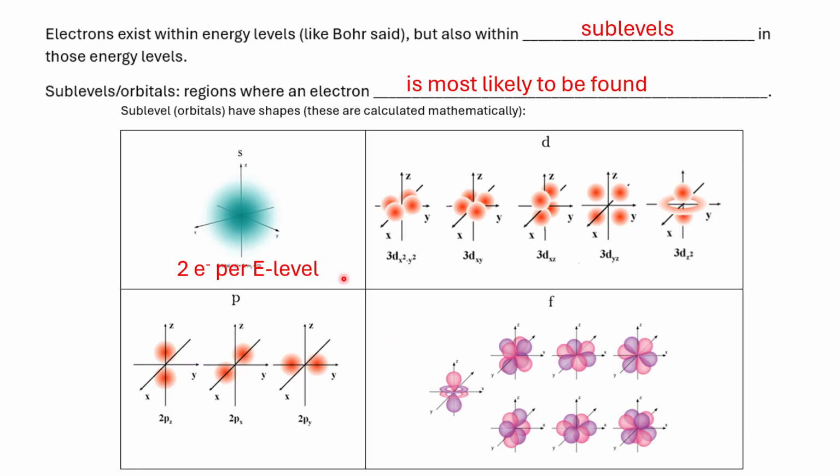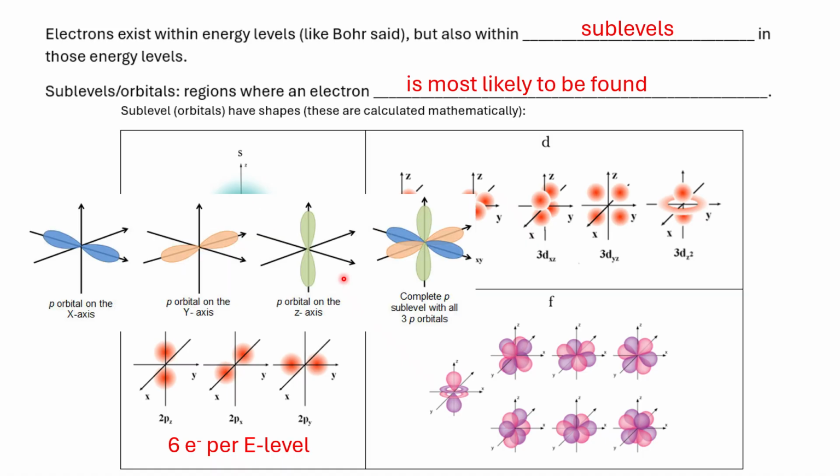Now the p orbital has actually 3 orbitals per energy level, and you can see them there. We have one going vertically, one coming out at you, and one along the horizontal axis. So that would mean each of those holding 2 electrons would give you 6 total, right? Now it's a little hard to picture this, but I found another picture. This is showing the 3p orbitals a little bit elongated, but it's still the same thing. And this final picture is showing how they all kind of fit together.